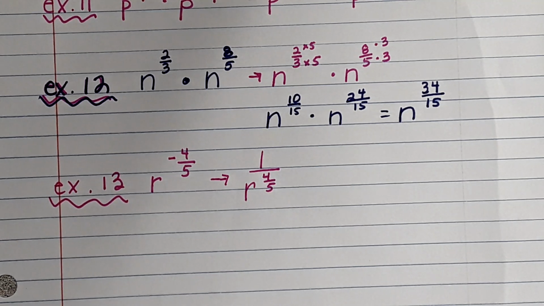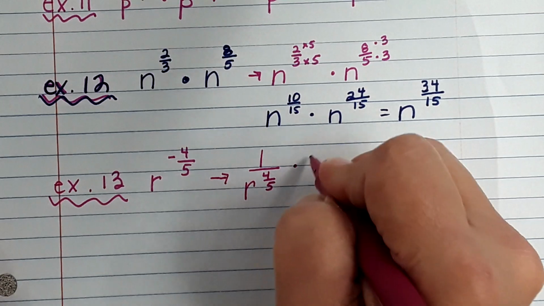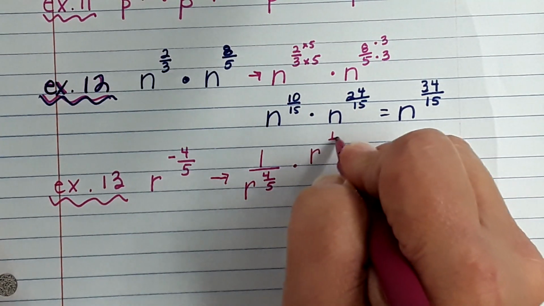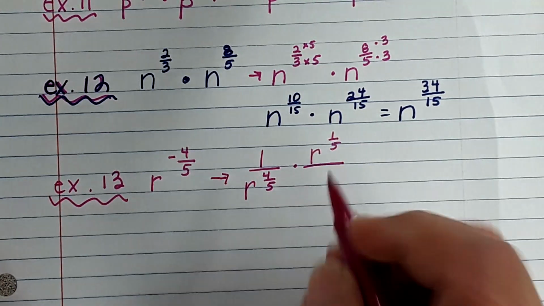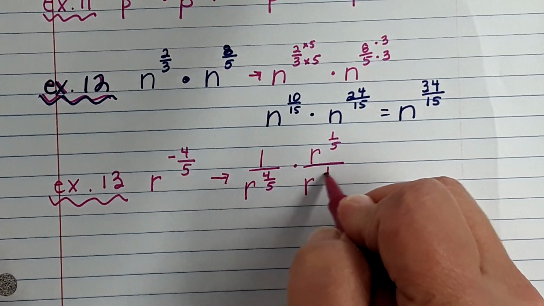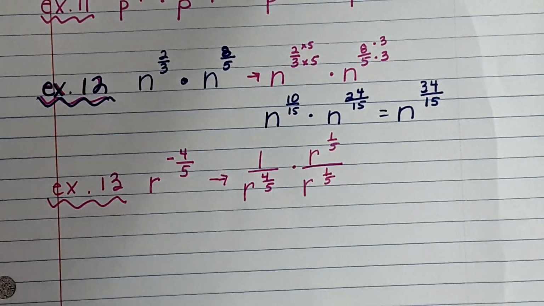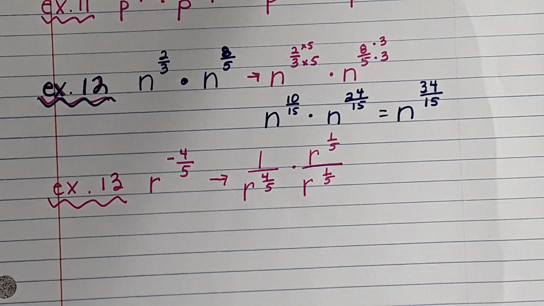Okay, what can I add to 4 that will give me 5? What is it? 1. So that means I'm going to multiply the numerator and the denominator by r to the 1/5. Because remember, whatever you do to the denominator, you have to do to the numerator.